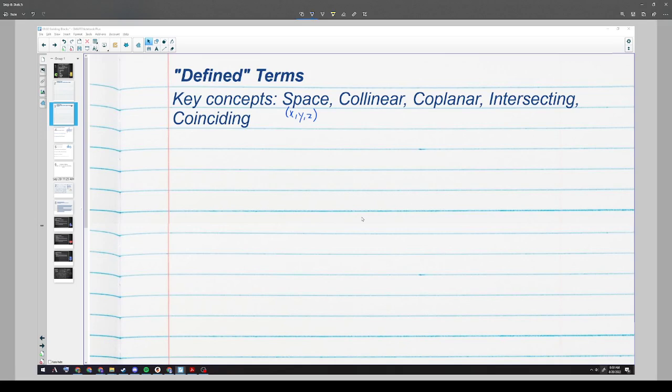Space was defined based on points. Collinear, it has kind of 2 points. It's weird because it has 2 L's in there, but if you can think of other words that start with co, we have co-teachers, we have co-captains, we have coinciding.